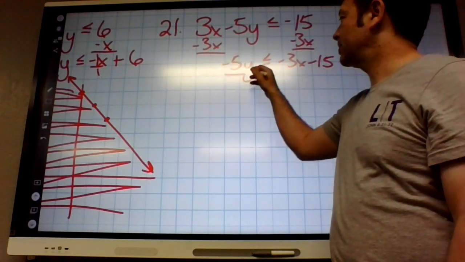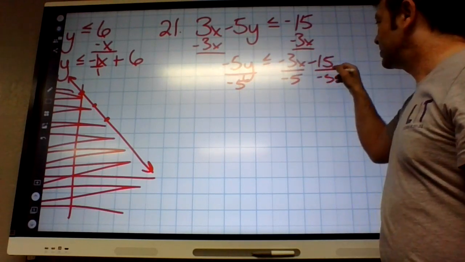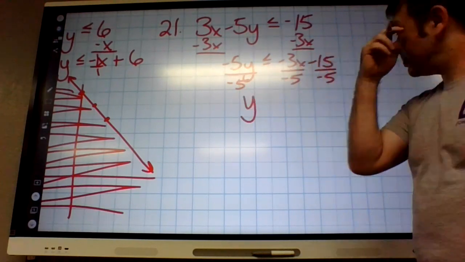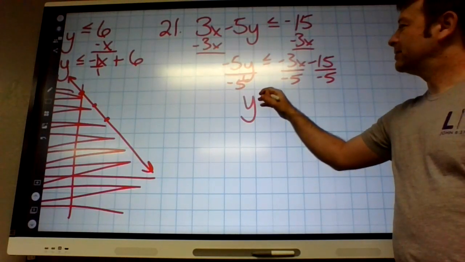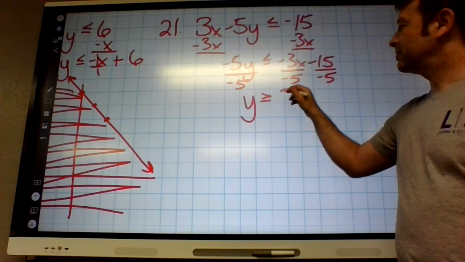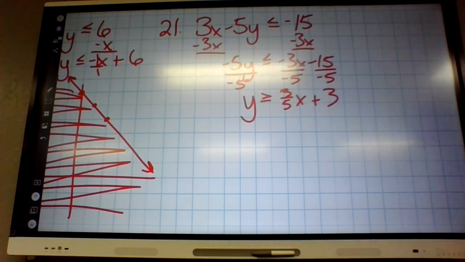Divide by negative 5 on every term. So we're going to get y greater than or equal to. When we divide by a negative, the inequality switches.